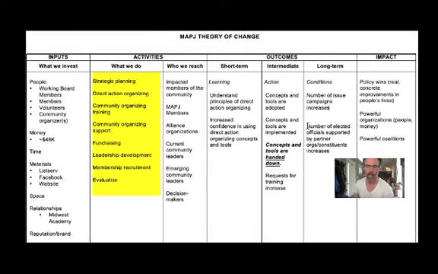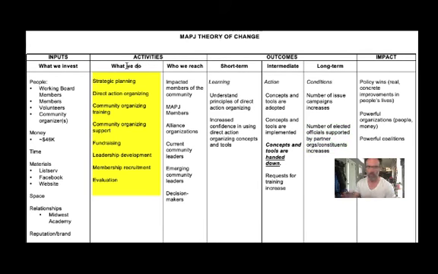We might also say that another change in conditions that is valued is the number of elected officials supported by partner organizations and our constituents, right? So we're getting more people into office. Other organizations are getting more people in office. Our coalitions are getting more people in office, and that could be local, state, and national as well.